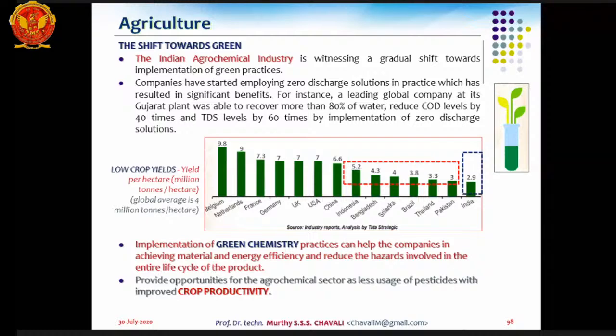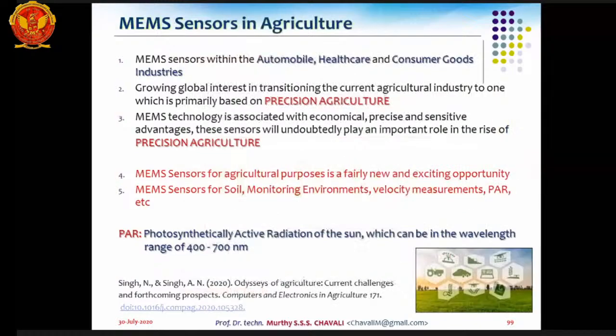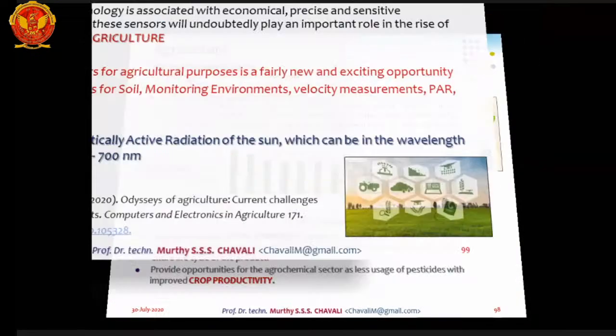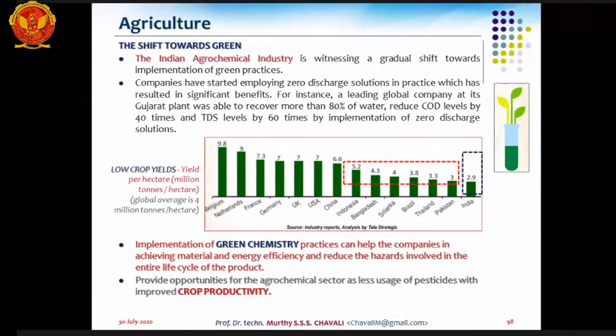With this, one group of our team has been working on these particular sensors so that the yield can be increased. And one group is also working on a drip irrigation system, where the sensor monitors how much percentage of the drop is really going into the plant and how much is wastage.